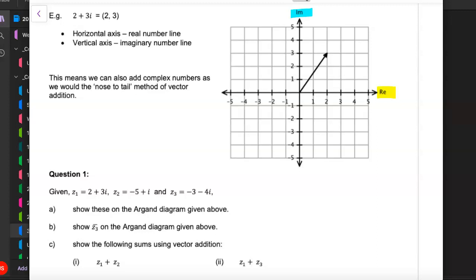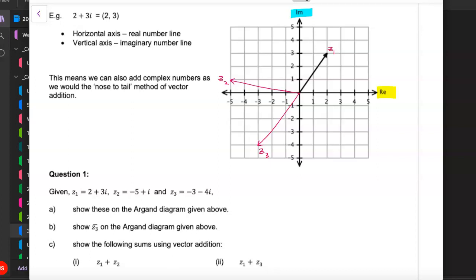So first of all, we're going to show z2 and z3 on the diagram above. So we've got negative 5 plus 1i, so we've got z2 over in this direction. I'm going to just label these. So we've got z1 and z2. And z3 is negative 3 on the real axis and negative 4 on the imaginary, I should say. So there's z3, (-3, -4).